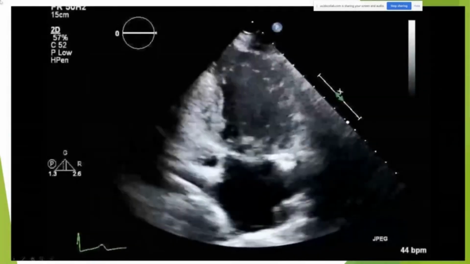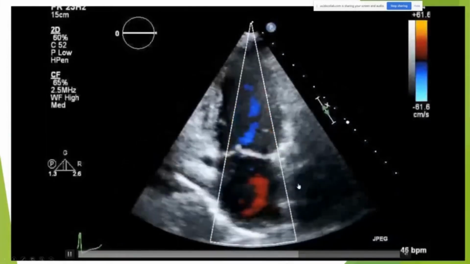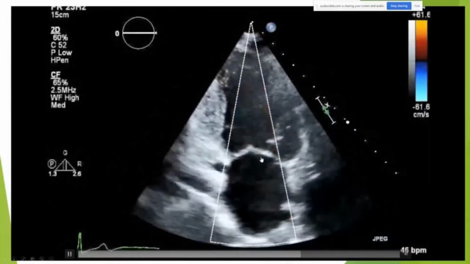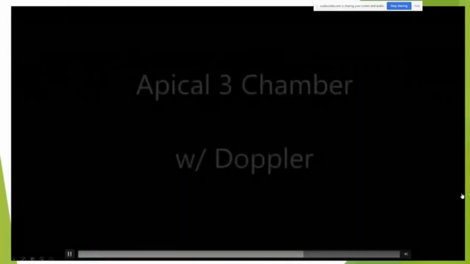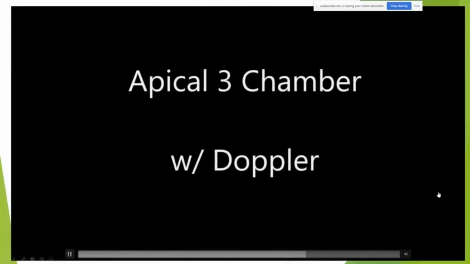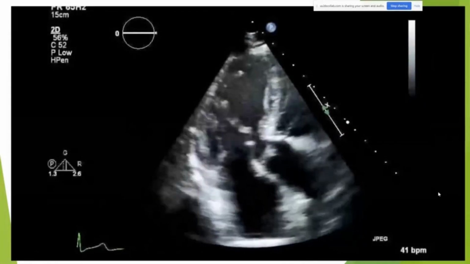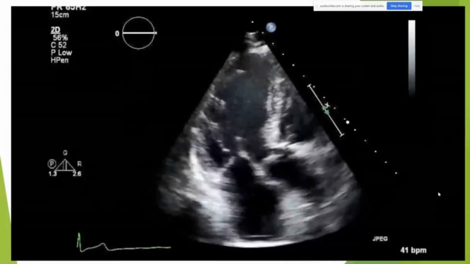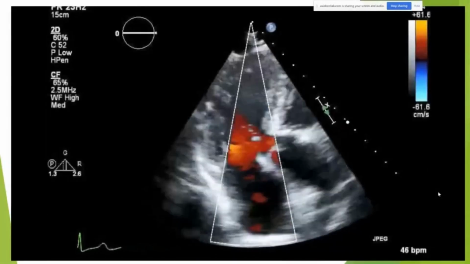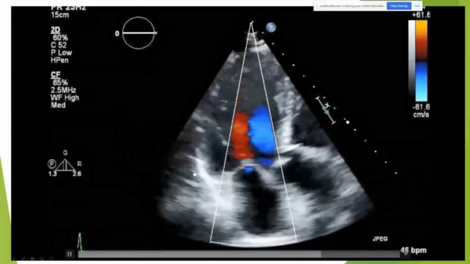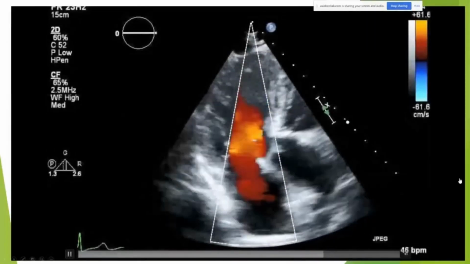That's a very prominent left atrial appendage right there. Trace mitral regurgitation again. Apical three-chamber, apical long. That mitral regurgitation again.